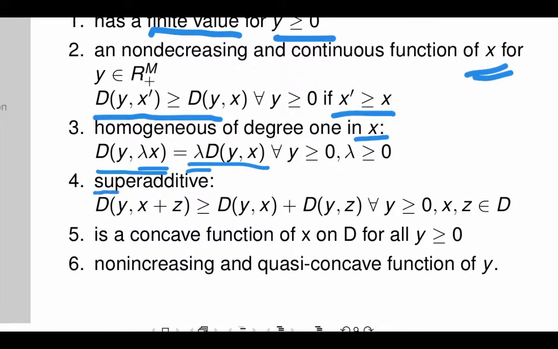It's also super additive, so the input distance function, if it's evaluated at the sum of two input vectors x and z and a given output vector y, that value is at least as big as the sum of the input distance function values evaluated at each of those vectors separately.